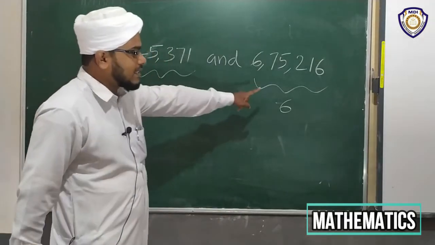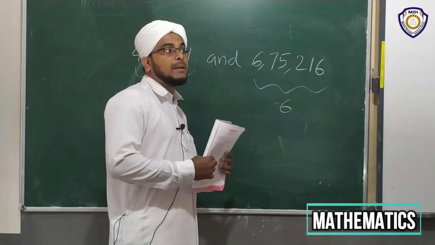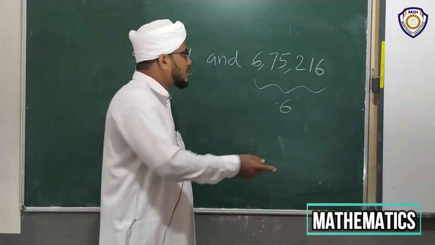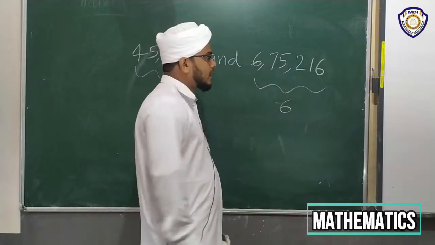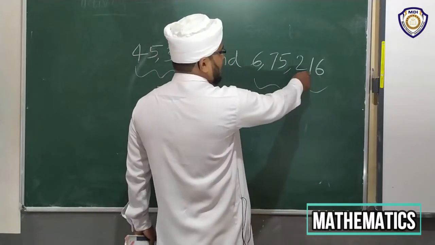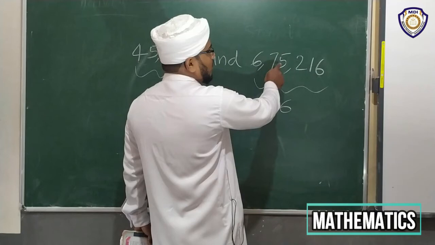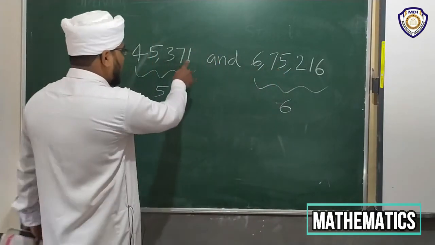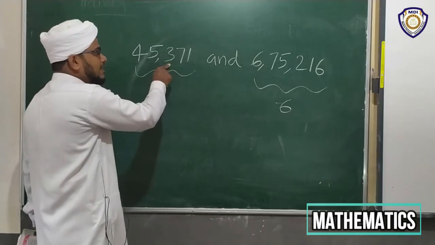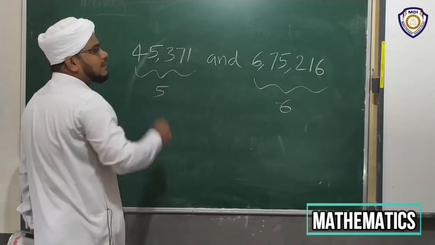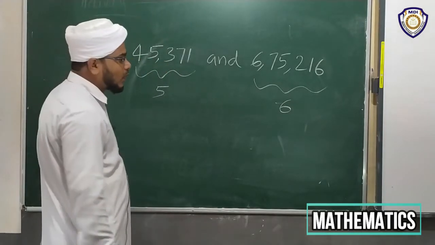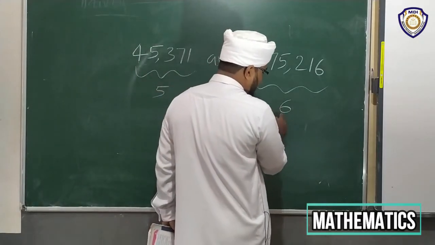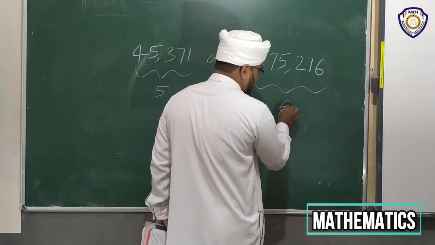Okay. Here 6 digits. The place values are more here, because ones, tens, hundreds, thousands, 10,000s, lakh. Here ones, tens, hundreds, thousands, 10,000s. So here the number of digits is 6.